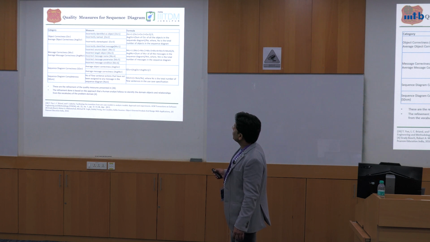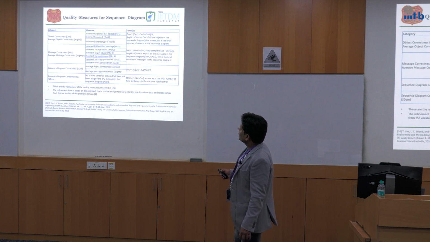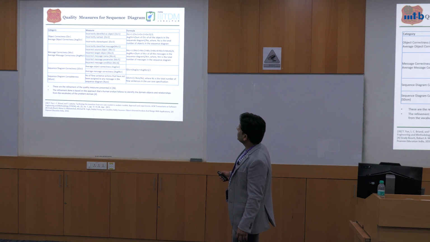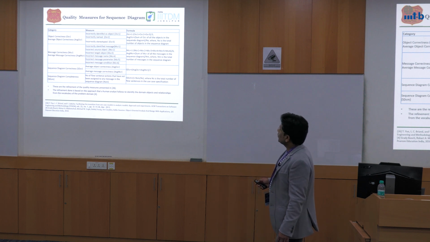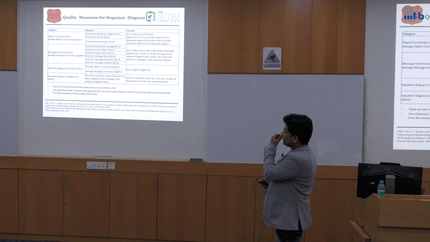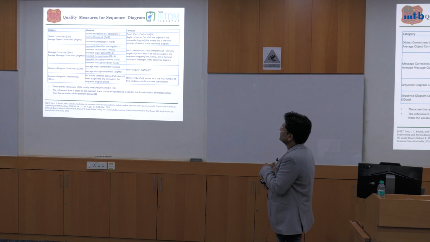For messages: incorrectly identified message, incorrectly identified source object, incorrect target object, incorrect message name, parameter, and condition. We calculate the sequence diagram correctness based on the object correctness and message correctness. If objects and messages are correctly identified, that means the sequence diagram is correctly identified.